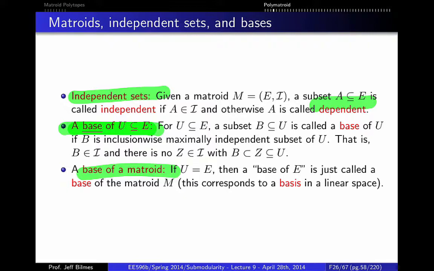But then if we have any particular subset, the base of U is basically the maximum independent subset of a particular set U. U might not be independent. U could be any set, and we can find a base of U. And we know in a matroid that bases, whether the bases of the matroid or bases of a particular set, have the same rank. Right? Any question about that?